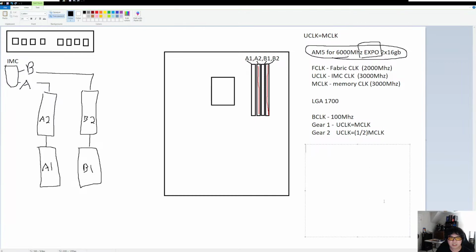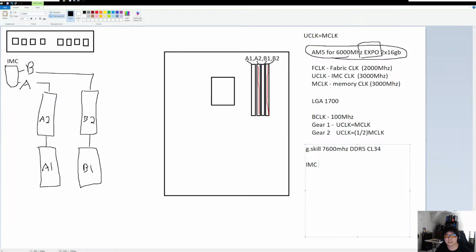Here's an Intel example: G.Skill 7600 megahertz DDR5 CL34. The way I do this is you want to get the mem clock.